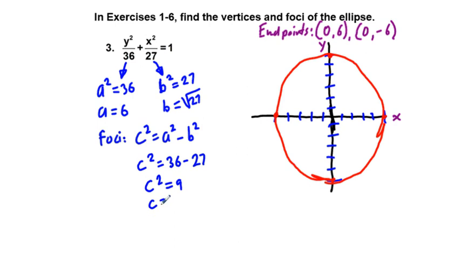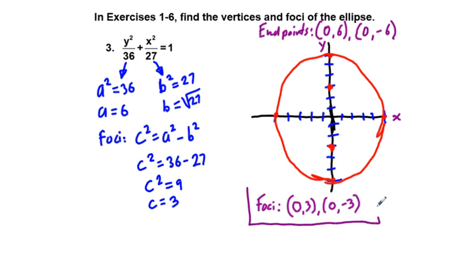Therefore, c is equal to 3, the square root of 9. Going ahead and putting the foci, we go up here 3, and then down 3. So for foci, we have (0, 3) and (0, -3).